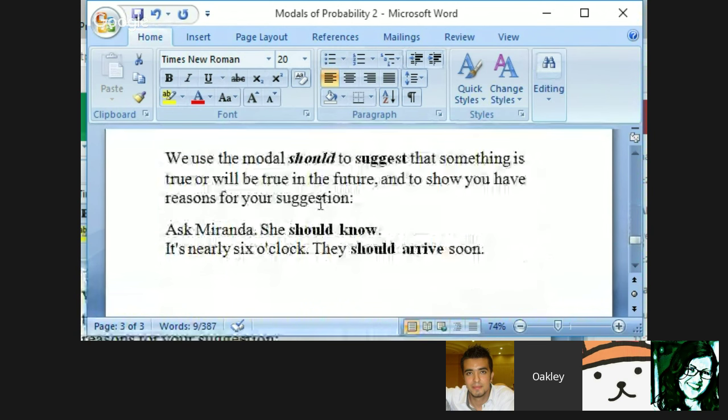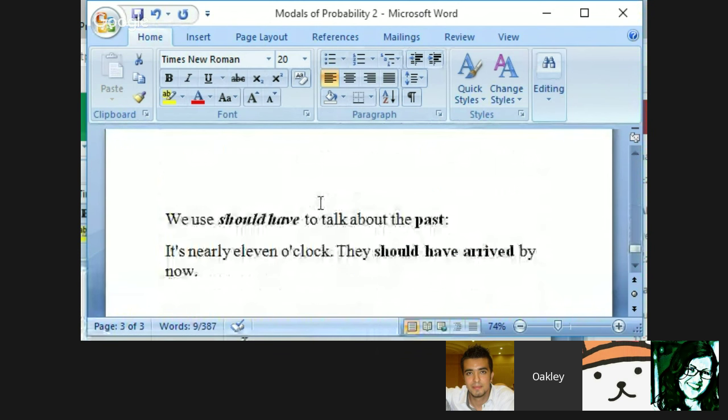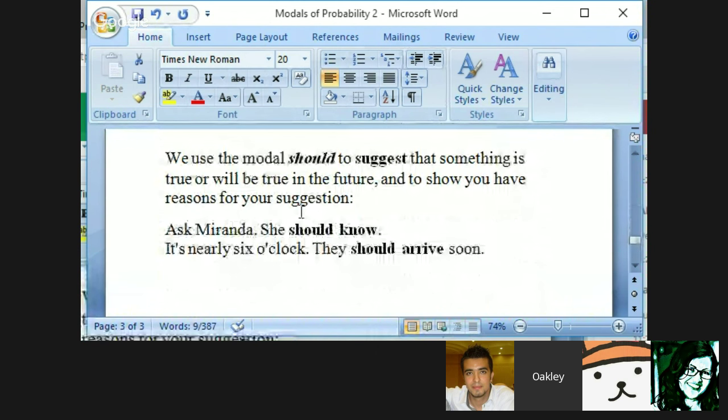We already looked at must. There's one more I want to look at, and that is should, which Eunice mentioned so long ago. We can use the modal should to suggest, this is a little tricky, that something is true or will be true in the future, or that we think it should be true is really what we're saying.